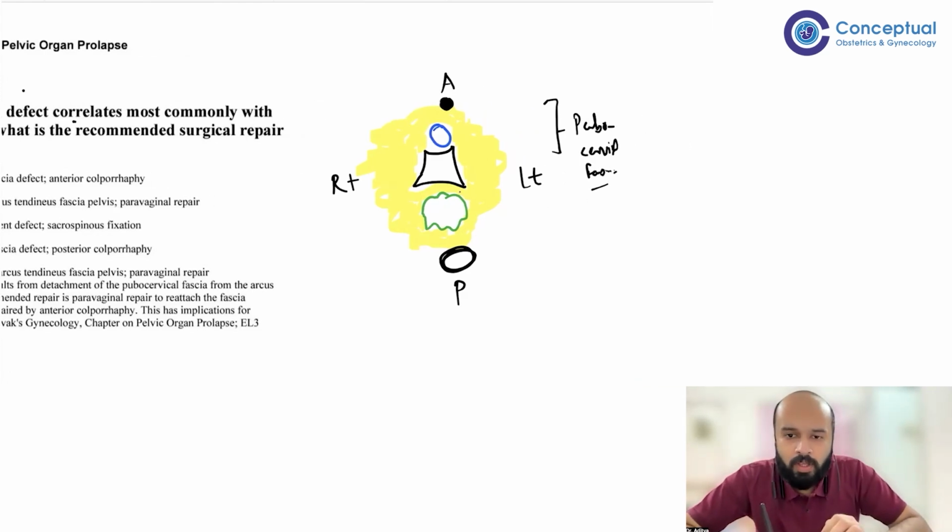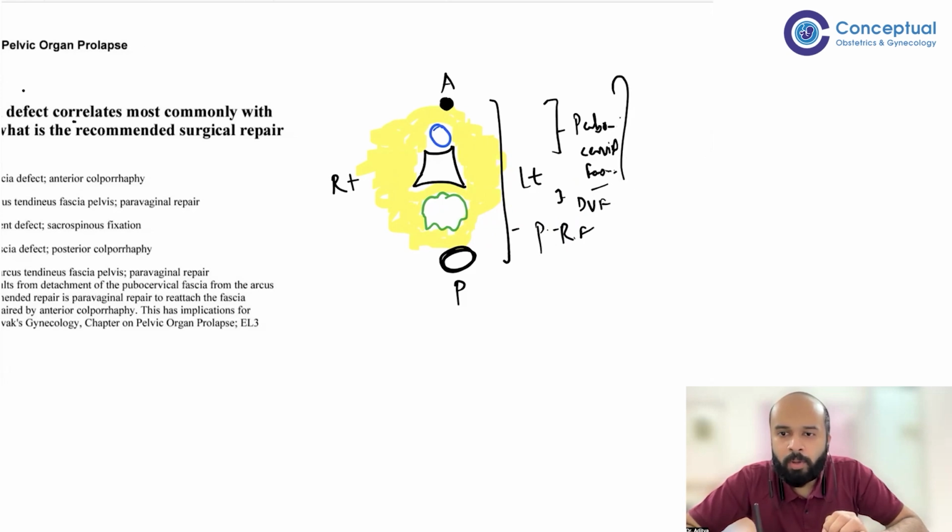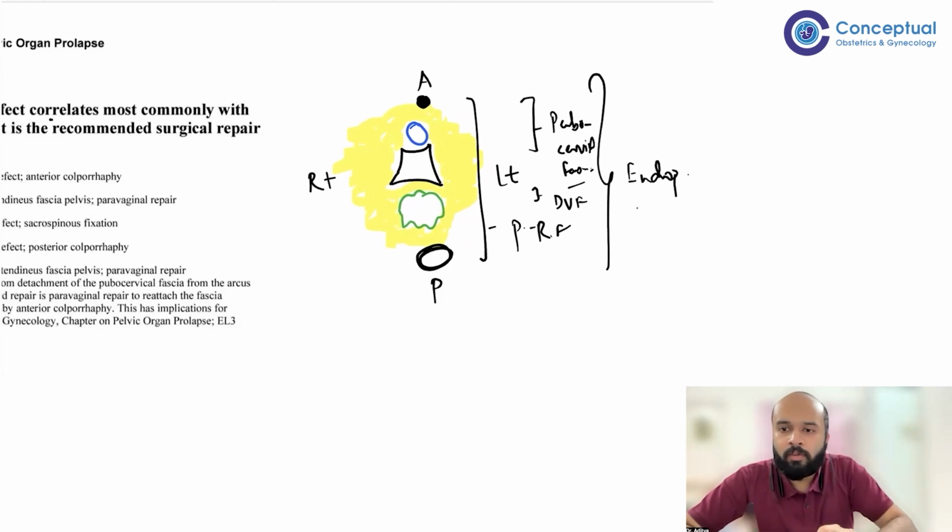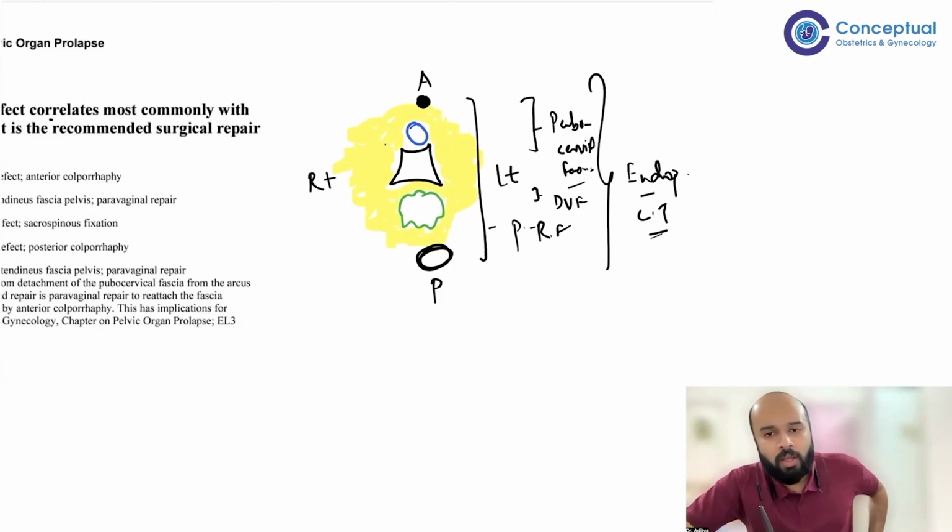The part between the vagina and the rectum, just this one, is the Denonvilliers fascia. And the entire thing, if I classify it between this and this, is the puborectal fascia. And if I'm going to combine all of them or give a single name to them, we call it the endopelvic connective tissue. So this is how it looks, and this is how it is going to be inside.